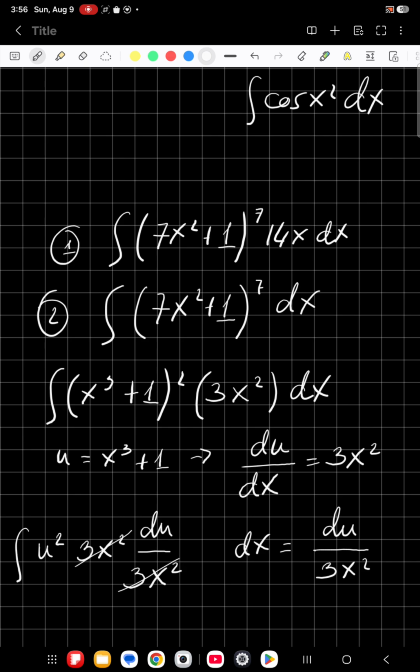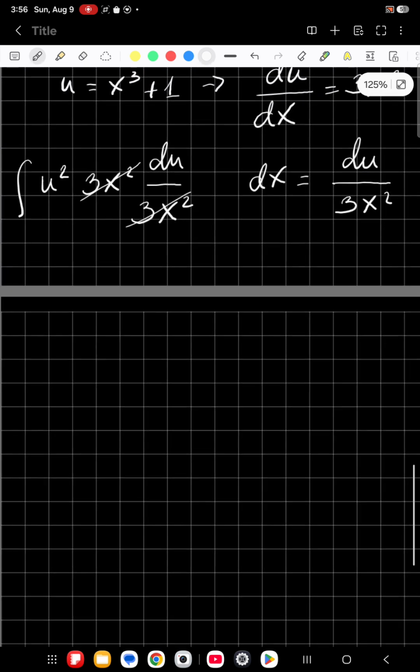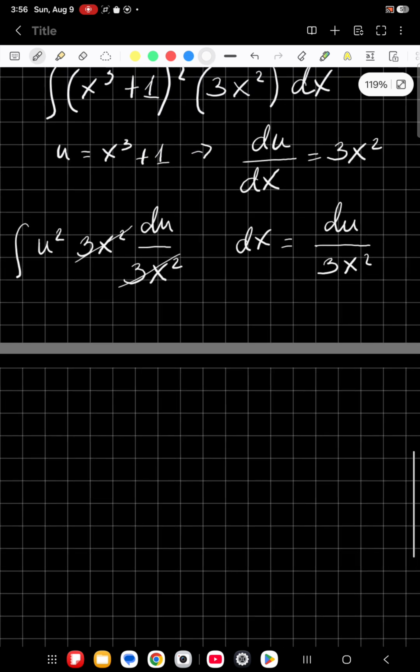So we cancel these, and we end up with the integral of u squared du. This one is quite doable.